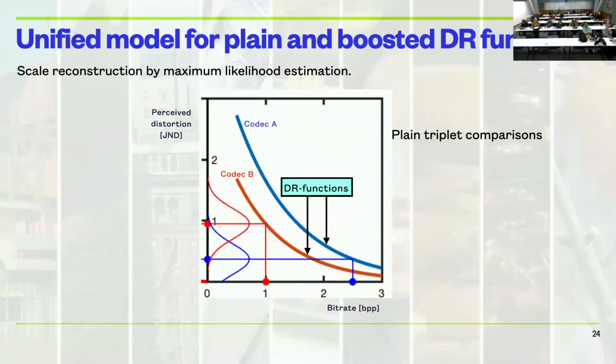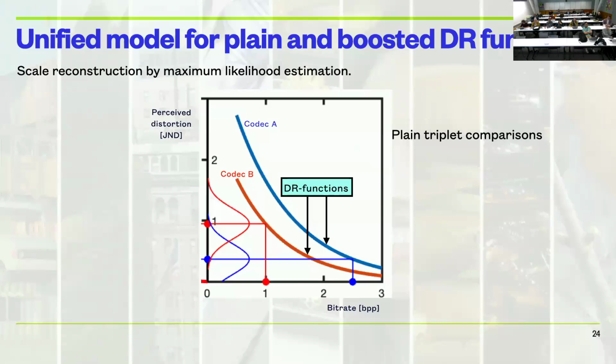And now we just do what is standard in Thurstonian scale reconstructions. So we take 2 stimuli, like here at 1 bit per pixel, and here at 2.5 bits per pixel. One is coded with codec B, and one is coded with codec A, and they correspond to these perceived distortions on the JND scale.